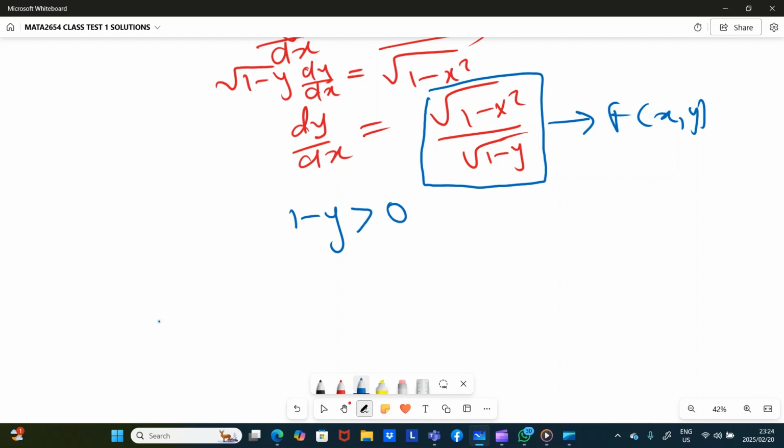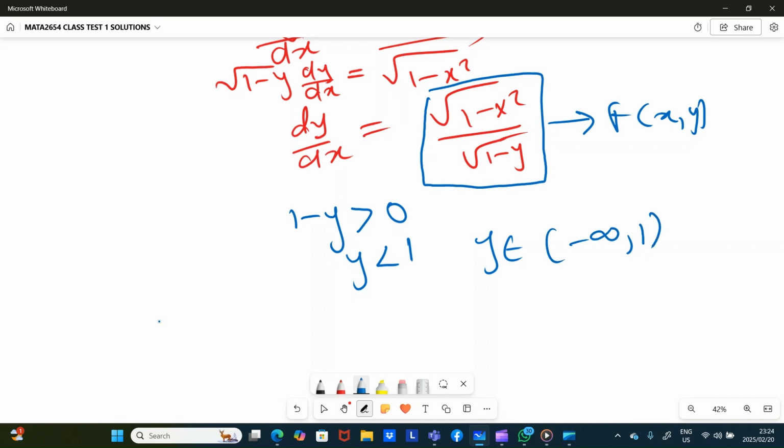Otherwise, we are going to have something complex under the square root, which yields a complex solution, and we don't want that. So basically y should be less than 1. Everything less than 1, or one might write it as y is an element from negative infinity to 1, and we do not want to include that 1.